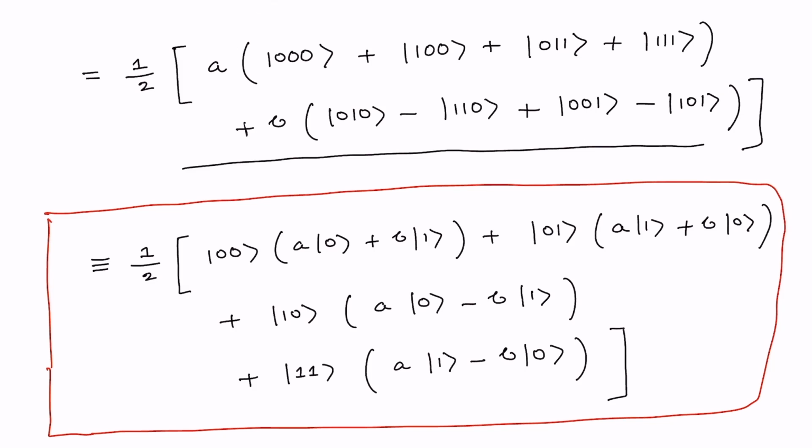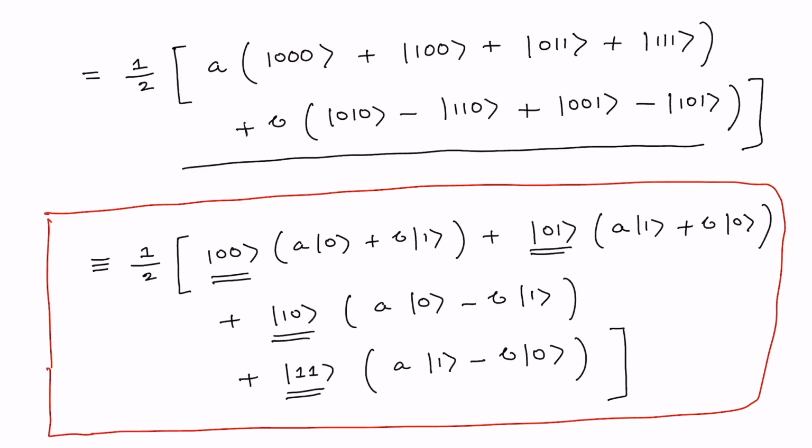Now as you can see, in Alice's two qubits, she may have 00, or she may have 01, or she may have 10, or she may have 11. So her two qubits are getting converted to either 00, 01, 10, or 11 with equal probability.